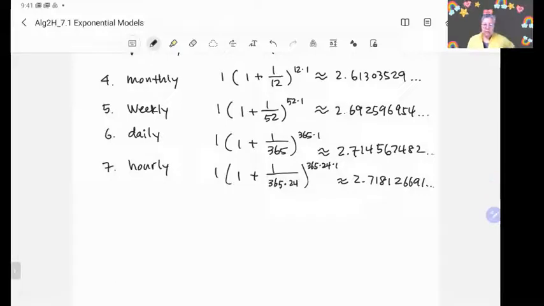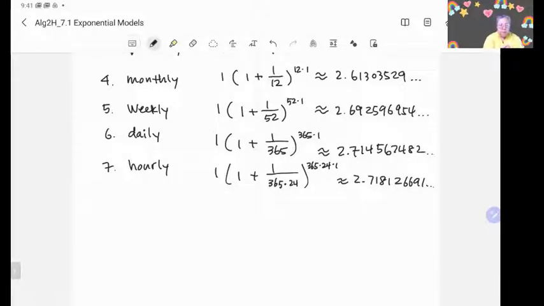Hypothetically, think about the situation as we move over shorter periods of time giving the compounded interest, then it gets a little bit more, right?